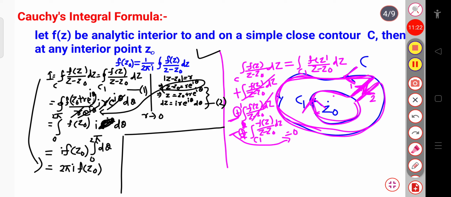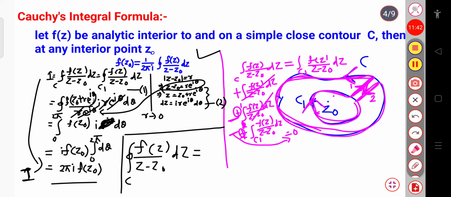This is the value of capital I. So this will be f of z divided by z minus z naught, integration over the closed contour, whether you write C or C1, into dz, that will be equal to 2 pi iota into f of z naught.